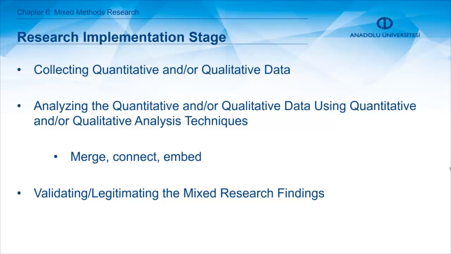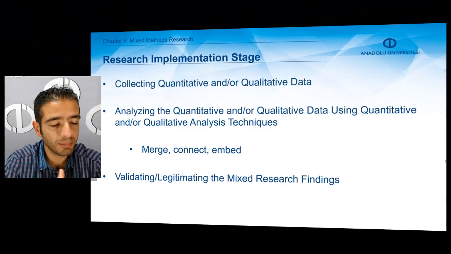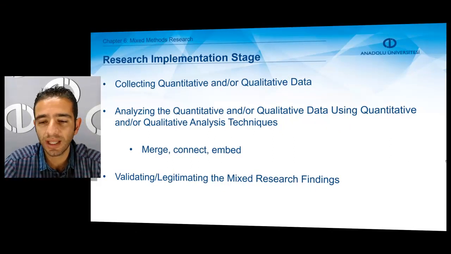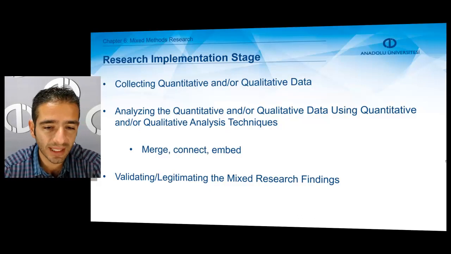And during the research implementation stage, you collect quantitative and or qualitative data, and you analyze the qualitative and quantitative data using the analysis techniques specific to these data sets. You combine them, you present the results together, or maybe you first analyze the qualitative data, present the findings, and then based on those findings, you collect your quantitative data and present them.